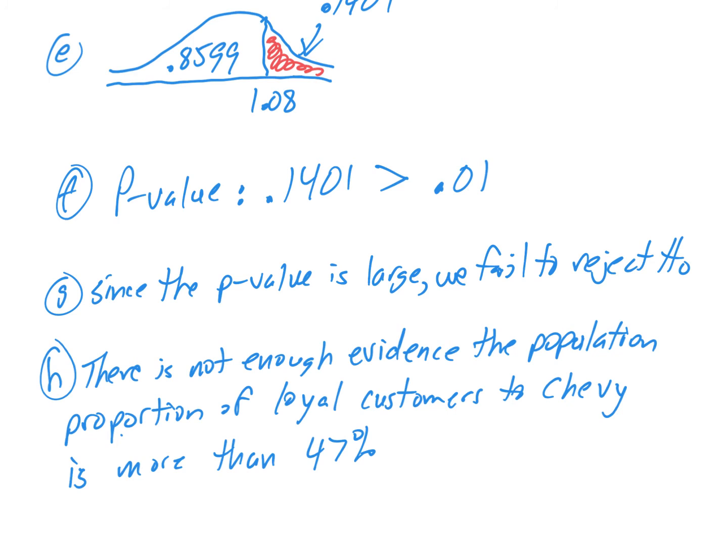Okay, so please understand, there is not enough evidence is because it's large and we fail to reject. Population proportion is there, and then we talk about the problem. This talks about the loyalty of customers to Chevrolet, and more than 47% is also needed.